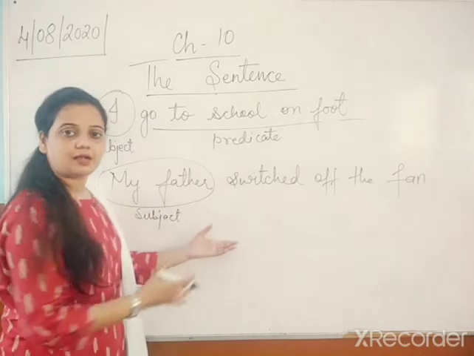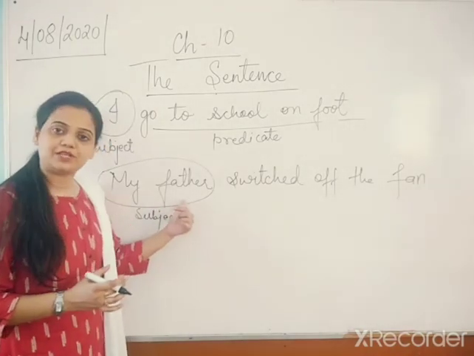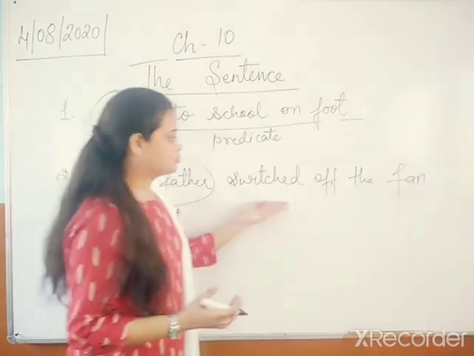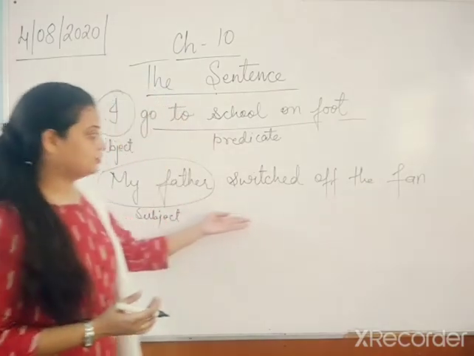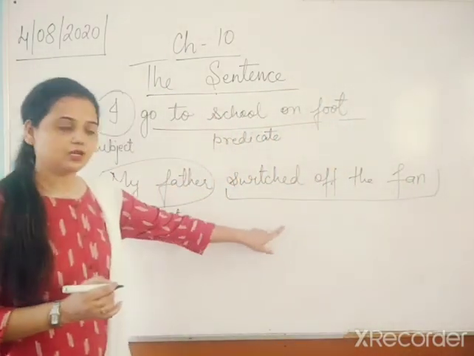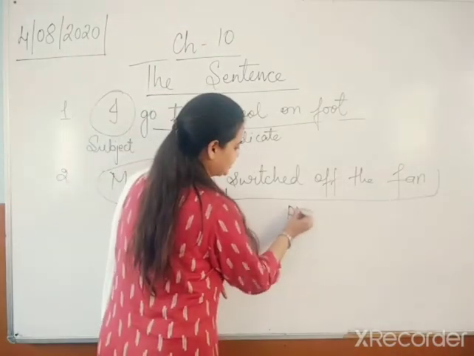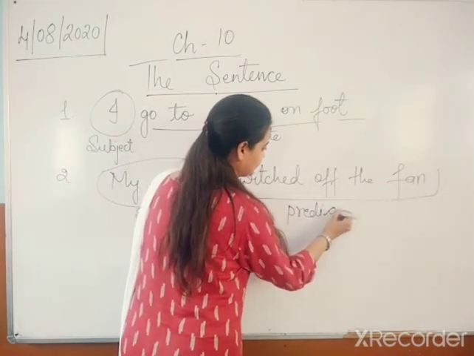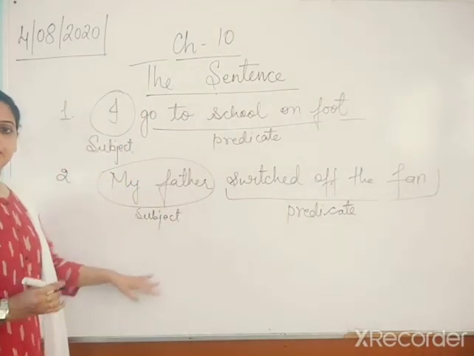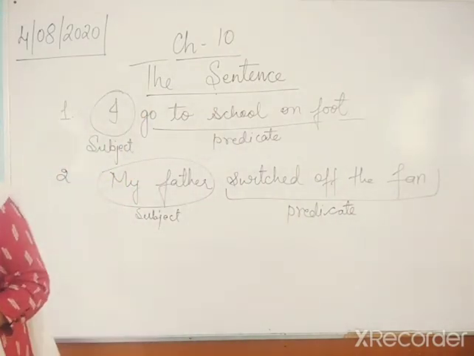And what are we coming to know about the subject? What is done by the subject? Switched off the fan. So this is the verb part. This action is done by the subject, right? So this is your predicate. Clear? Now let's see one more example.